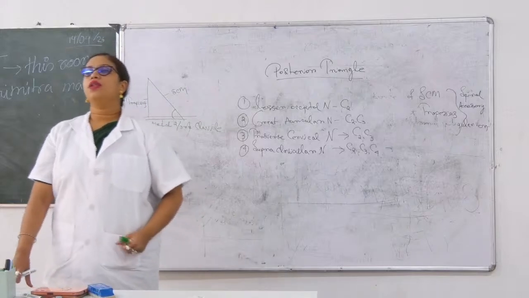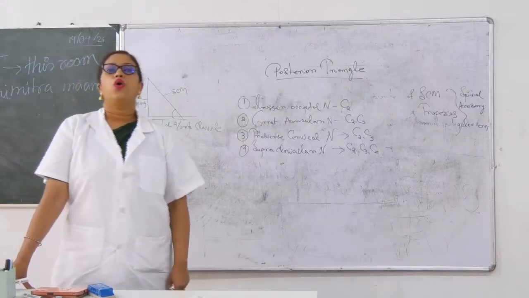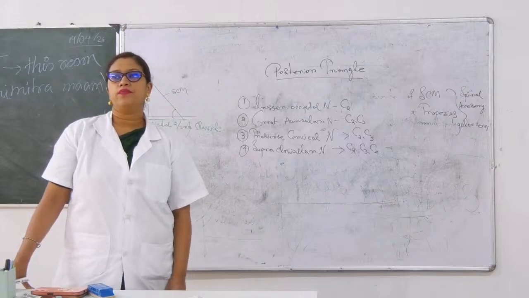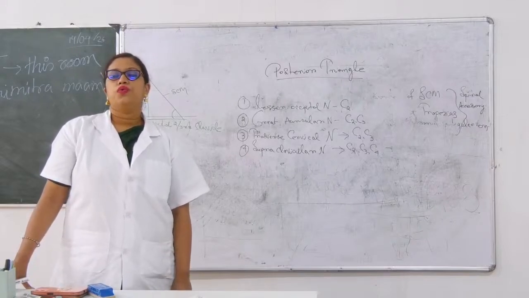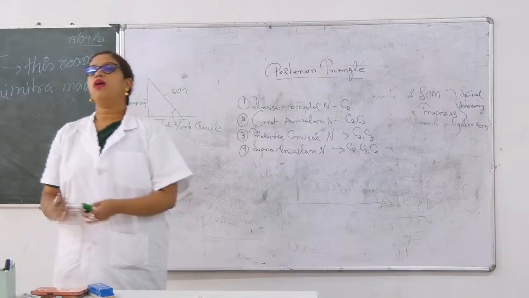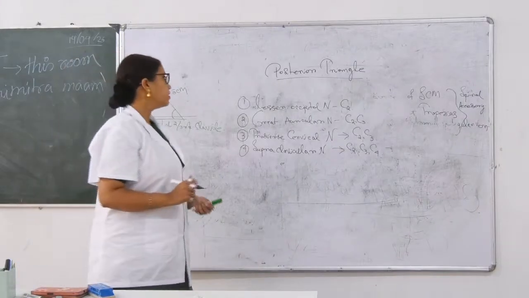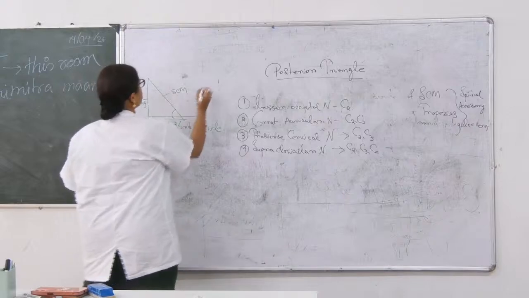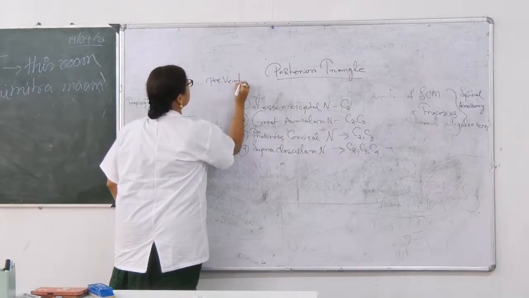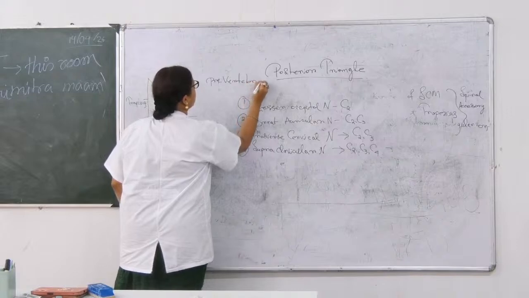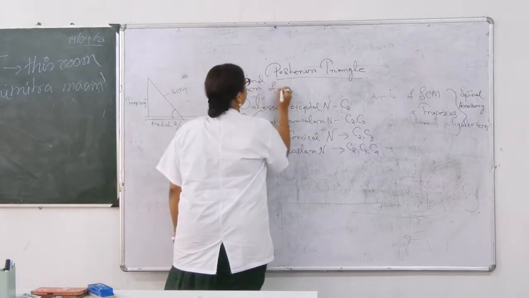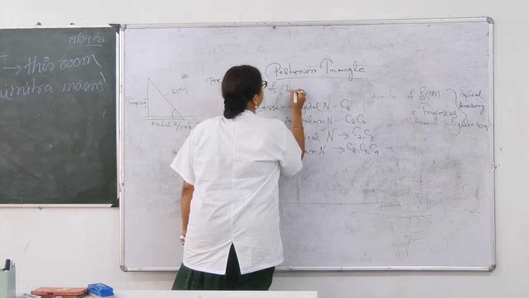All the muscles which are present on the floor of the posterior triangle are covered by which layer? Very much important, the prevertebral layer of deep cervical fascia.